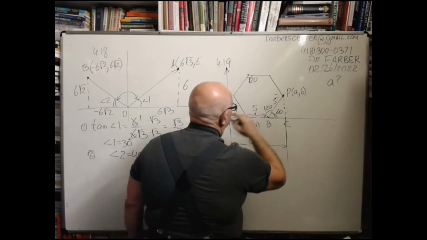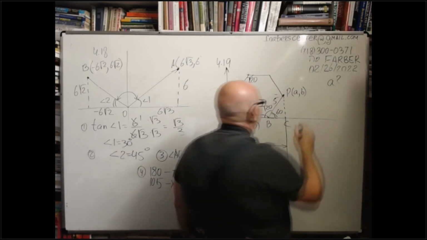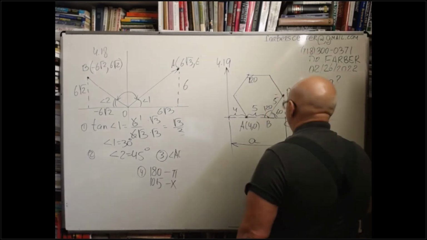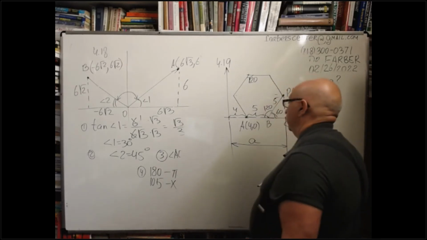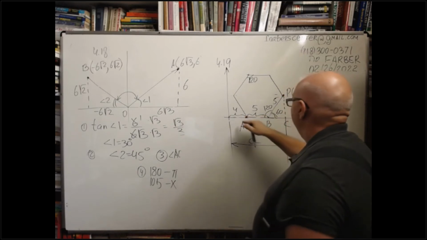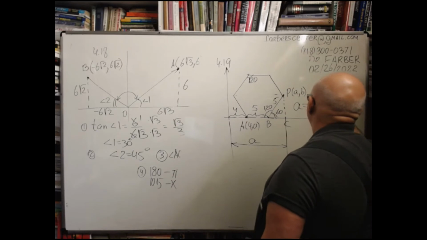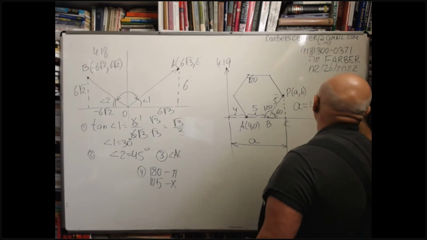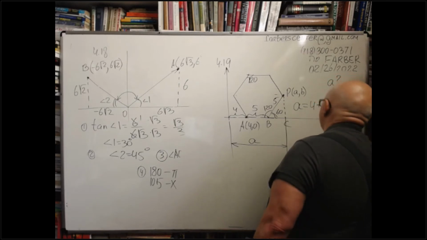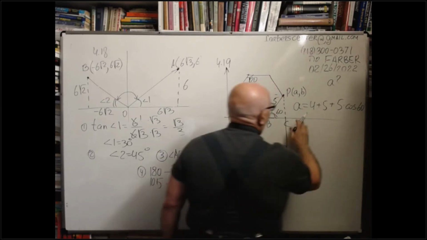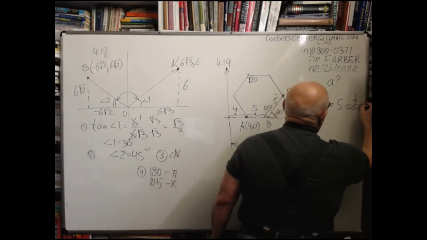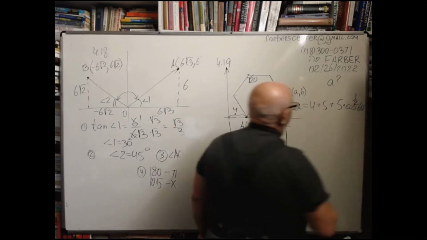And you can solve it in one line. A equals 4 plus 5 times cosine of 60, or you can use the addition postulate: the length of a segment equals the total of the lengths of separate pieces. Cosine of 60 is 1 over 2. Just multiply, you get the answer in one line. One line problem.